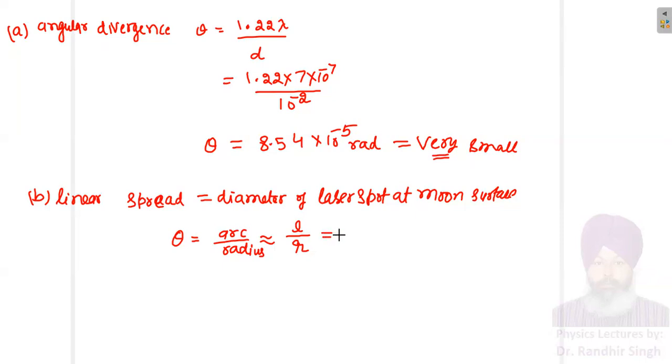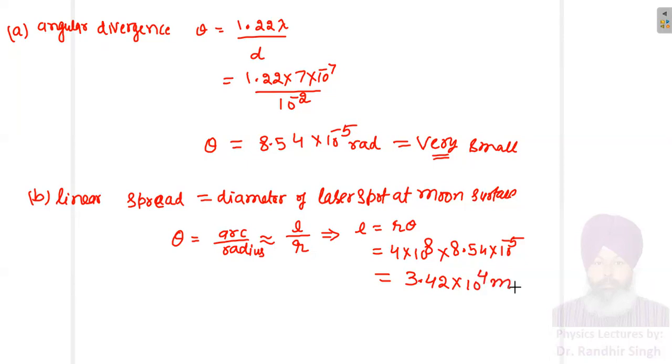So L will be equal to r theta. r is 4 into 10 raised to power 8. Theta we have just found, it will be 8.54 into 10 raised to power minus 5. Let me evaluate it. Okay, this answer is 3.42 into 10 raised to power 4 meter.